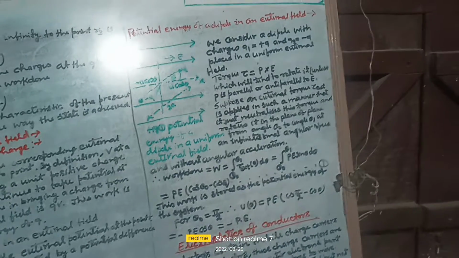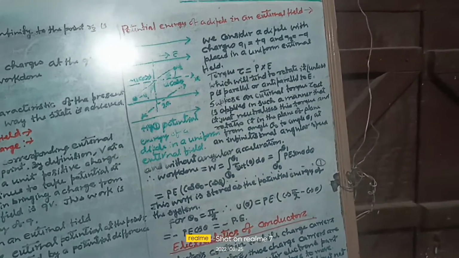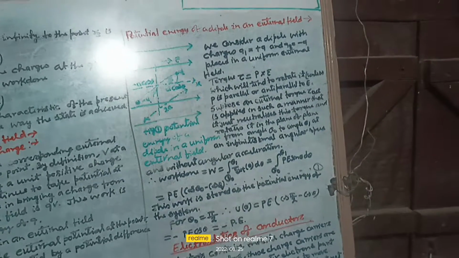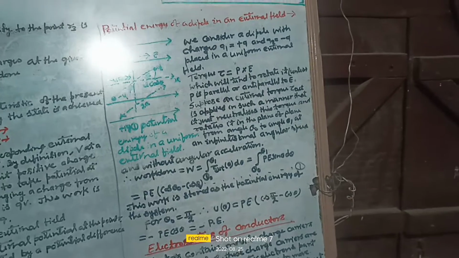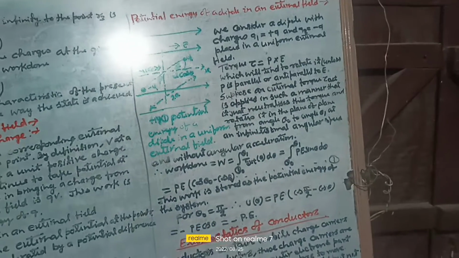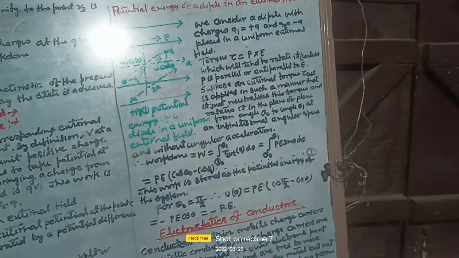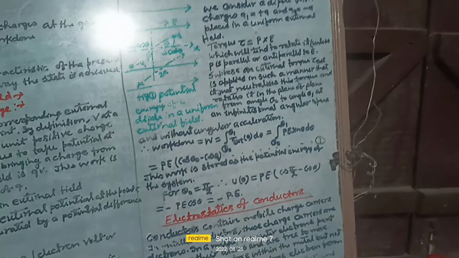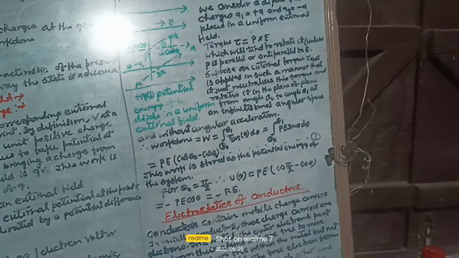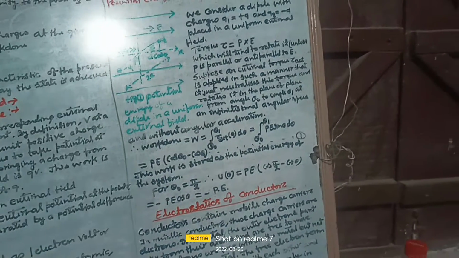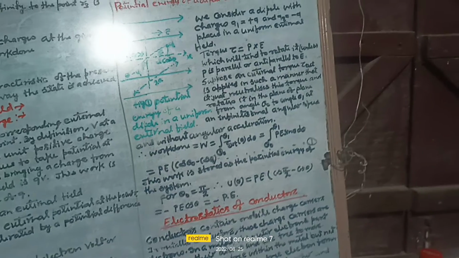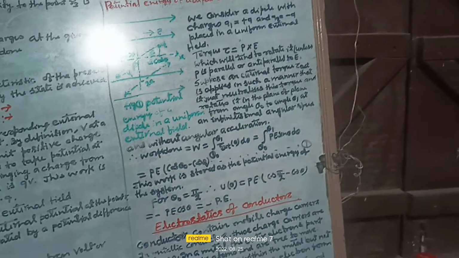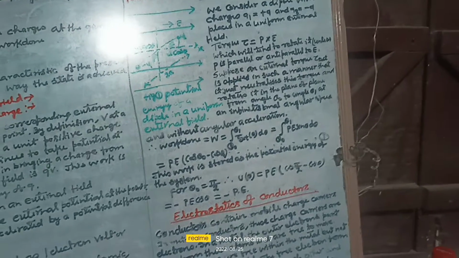Torque τ = pE sin θ, which will tend to rotate it until p is parallel or anti-parallel to E. Suppose an external torque τ external is applied in such a manner that it just neutralizes this torque and rotates it in the plane from angle θ0 to θ1 at an infinitesimal angular speed and without angular acceleration.